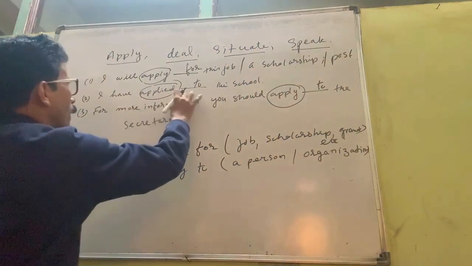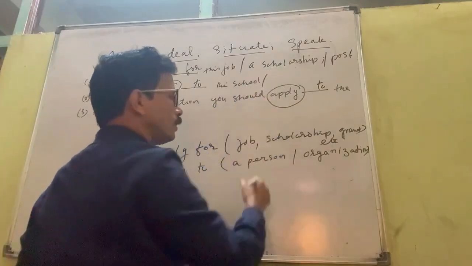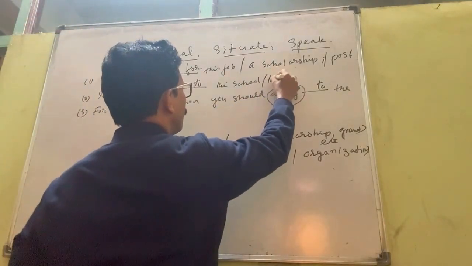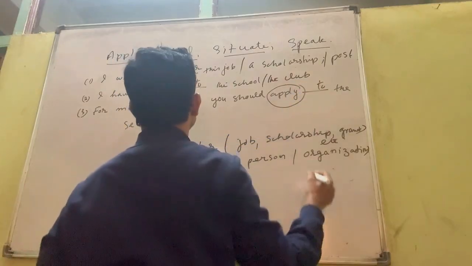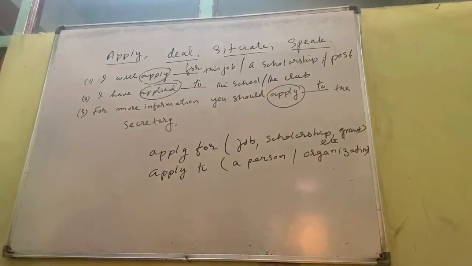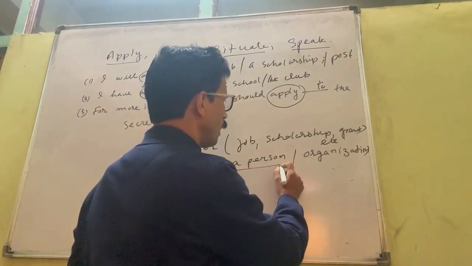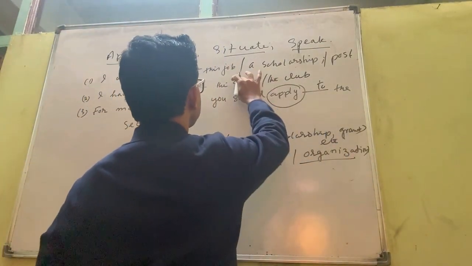Then I applied to the school, to the club for a membership. Like that. Then for more information, you should apply to the secretary. The person, yes, to the secretary or organization. Here it was a school, right?